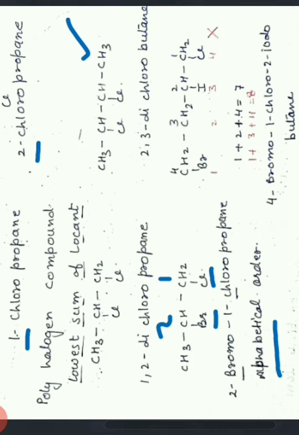So which do we follow? The first one. And while writing the name, we follow alphabetical order once again. So now B, then C and then I. So this becomes 4-bromo-1-chloro-2-iodobutane. So this will be the correct method of naming polyhalogen compounds.